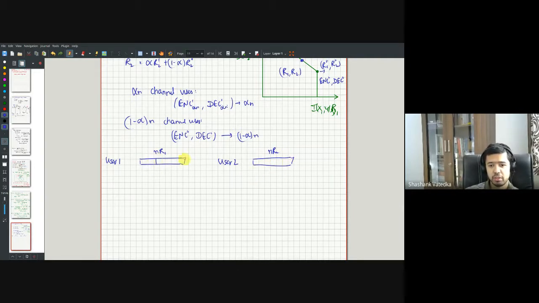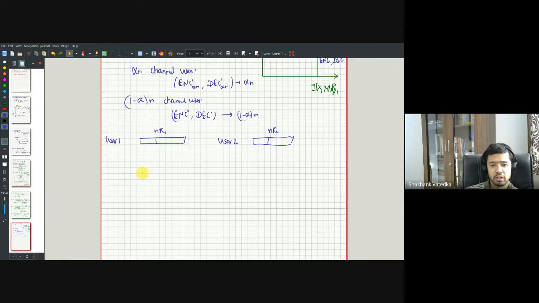So these are split into two parts, right? One which is alpha nR1 prime bits, and the remaining 1 minus alpha nR1 double prime bits. Similarly, user 2 splits its message, which consists of nR2 bits, into two parts.